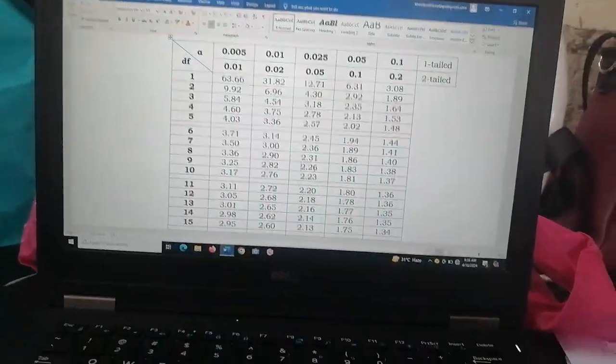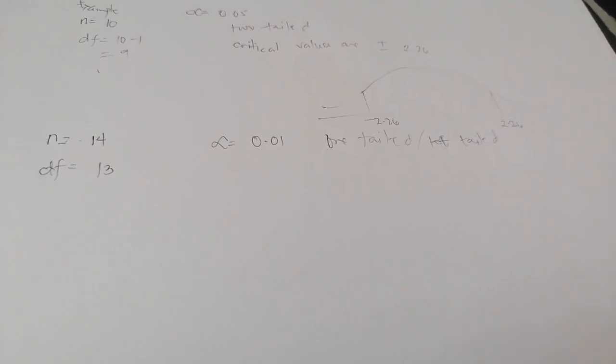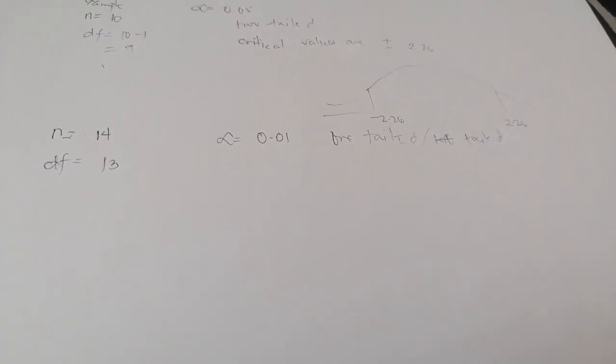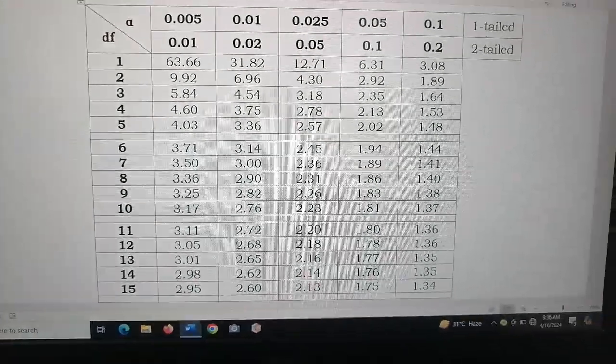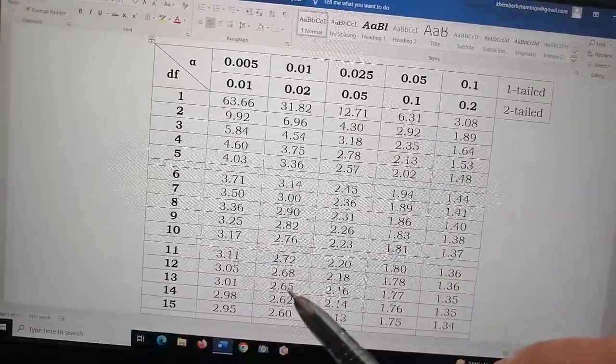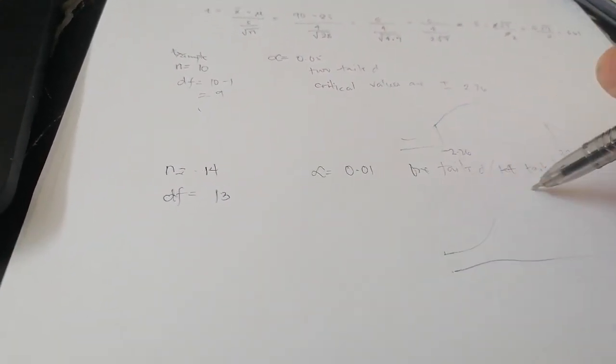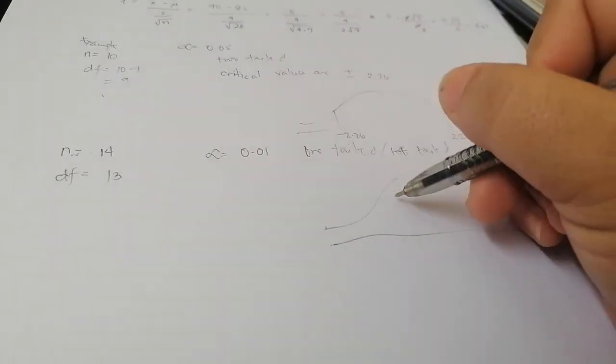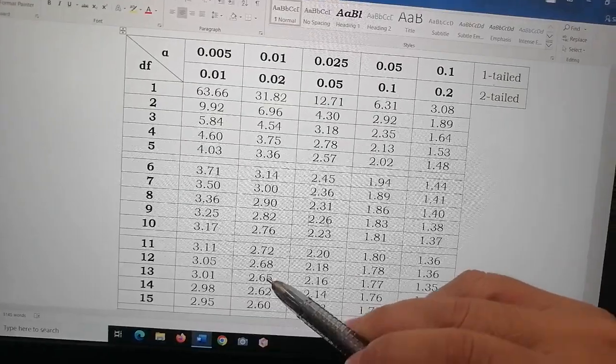For the second example, our degrees of freedom is 13 and the rejection region is one-tailed, left-tailed. So 13 and 0.01 gives 2.65. And since it is left-tailed, whenever there is a left tag, it is negative. So it is negative 2.65.